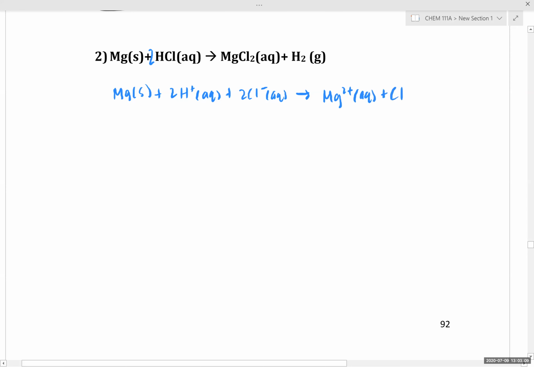And the proposed balanced and total ionic equation that I see looks perfect so far.